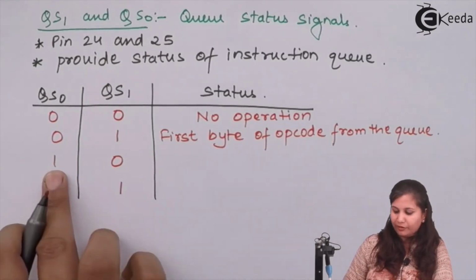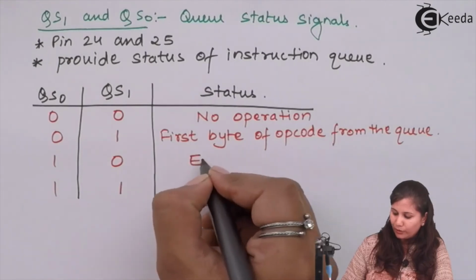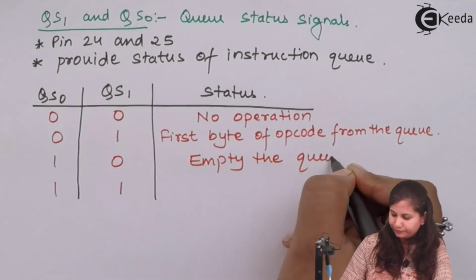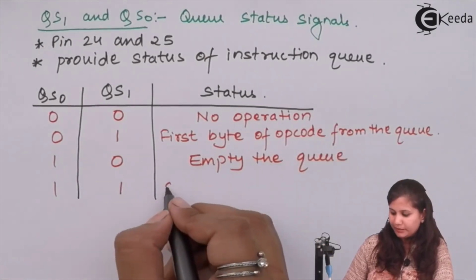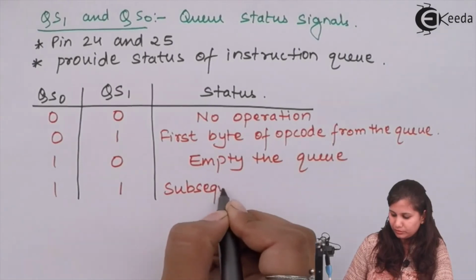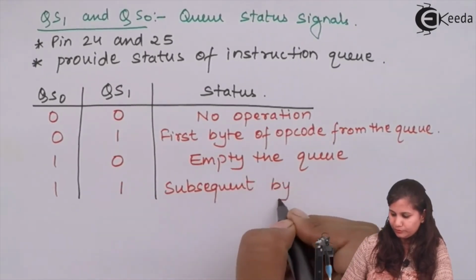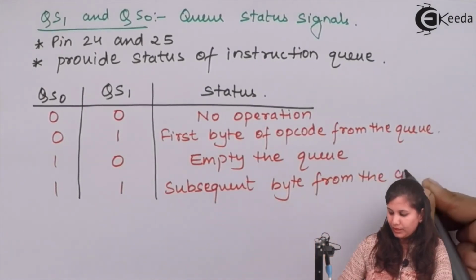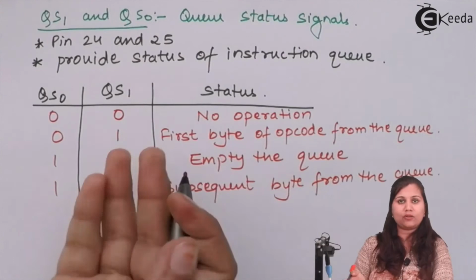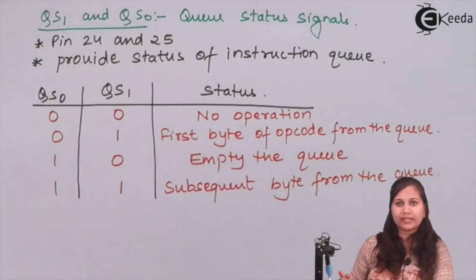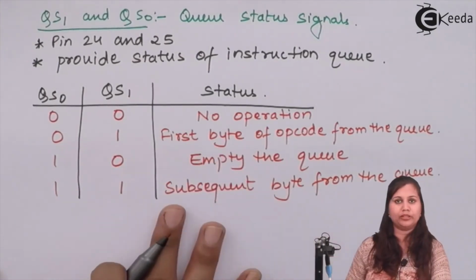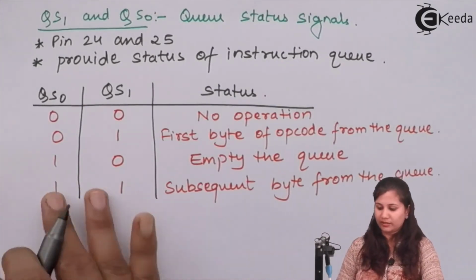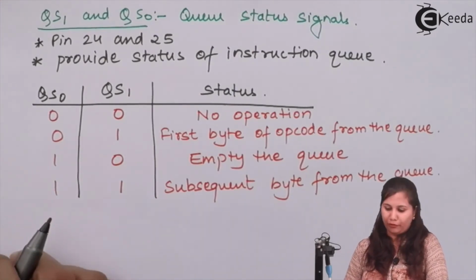In the queue, we have the opcodes for the instructions stored. Then if we have 1 0, this is going to empty the queue. And if it is 1 1, it means subsequent byte from the queue. Subsequent byte means the first byte is already fetched, so the byte next to it will be fetched from the queue. So depending upon the status of these two signals, the following operations will be performed.